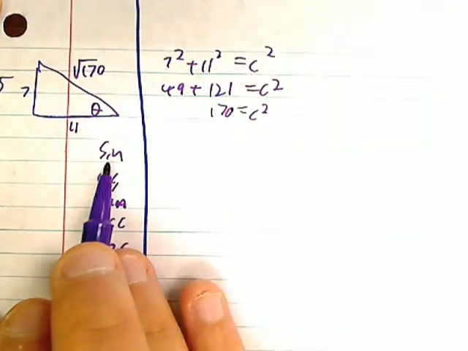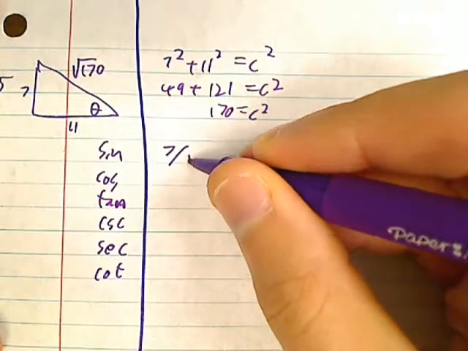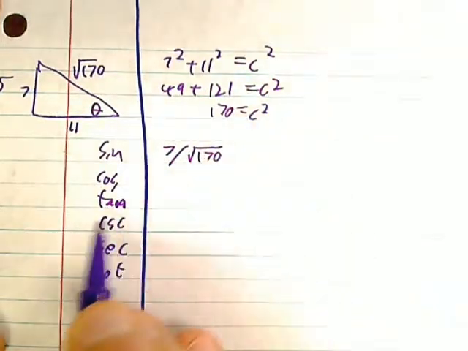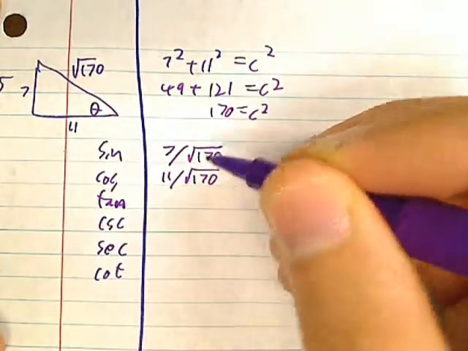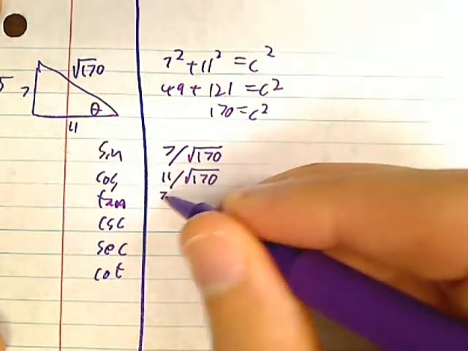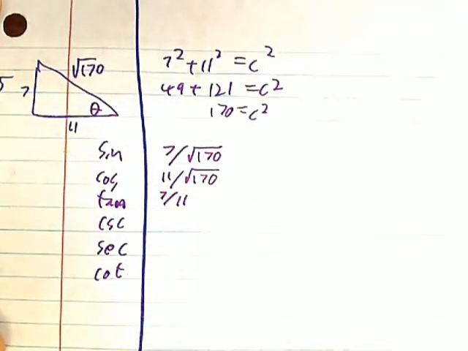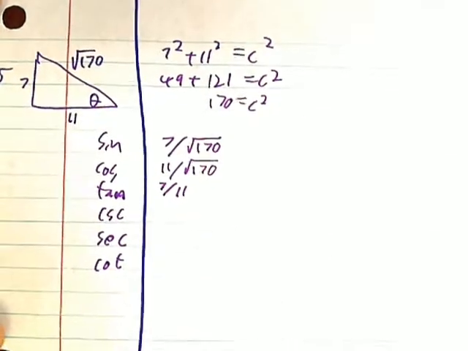Okay, so sine is opposite over hypotenuse. Cosine is adjacent over hypotenuse. Tangent is opposite over adjacent. And then the next 3 will just be reciprocals of those.